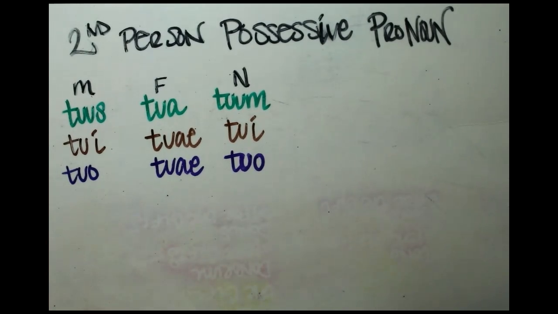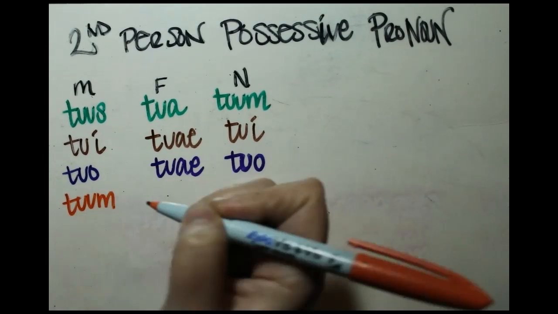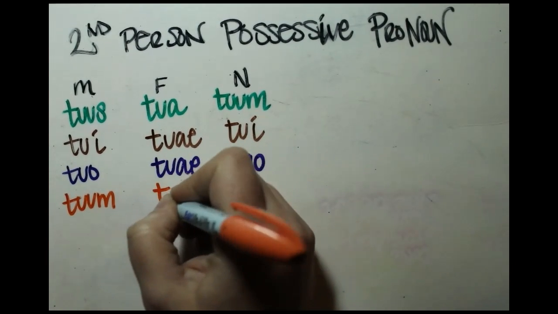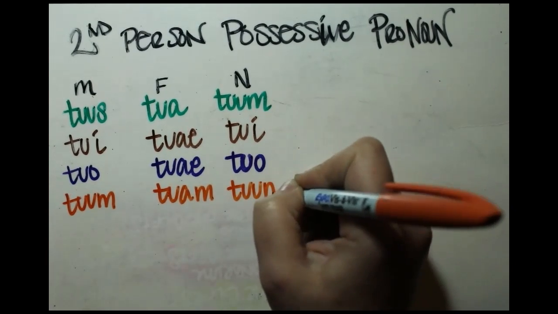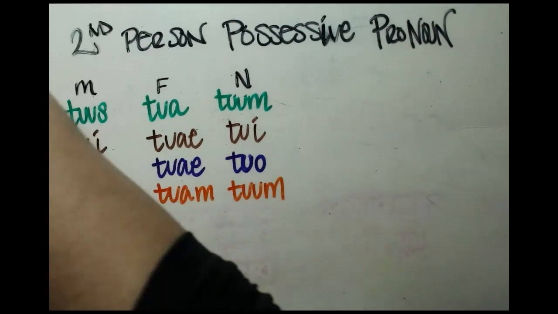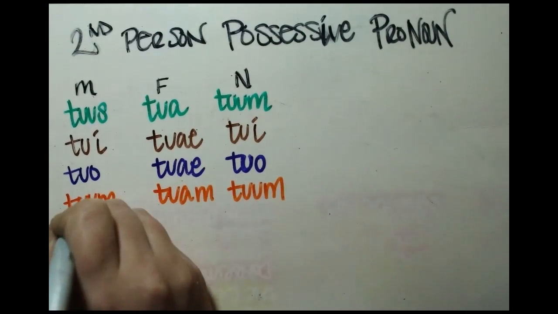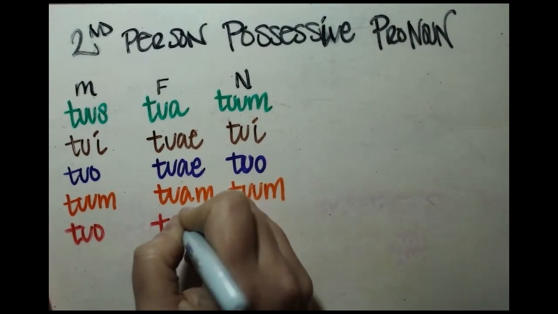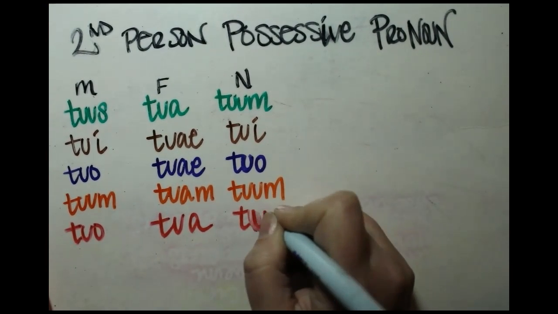In the accusative here, tuum, tuam, tuum. And then in our ablative, tuo, tua, tuo.